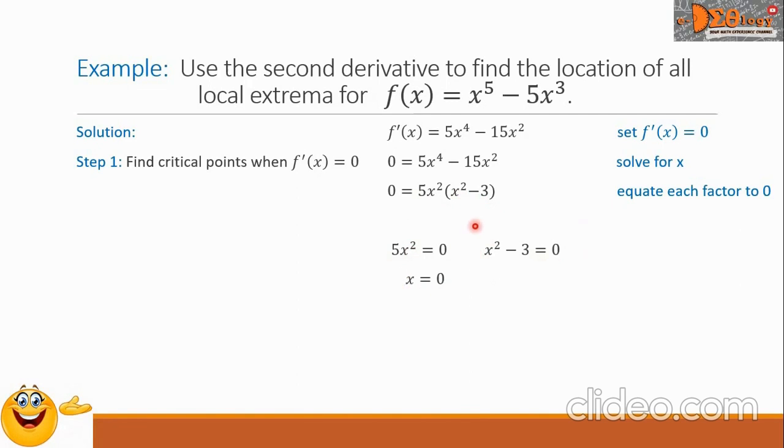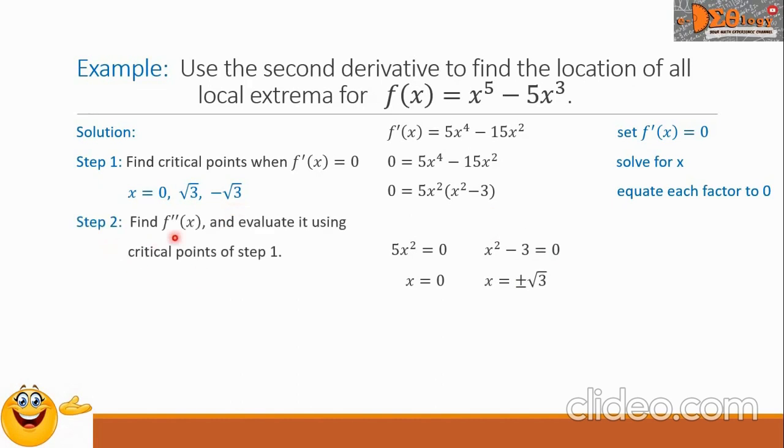On the second equation, we can transpose the negative 3 to the right, and then let us take the square root of both sides, and the value of x is equal to plus or minus the square root of 3. We now have these critical points: x equals 0, square root of 3, and negative square root of 3.